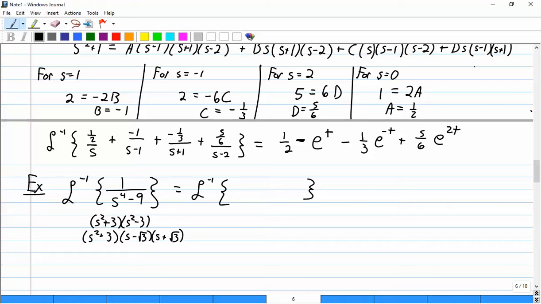I'm curious to see if the book would even do that, because the rule for partial fractions for quadratics is that it's an irreducible quadratic factor, and s squared minus 3 in my mind technically is not irreducible. It can be reduced to these two linear factors. Those are still linear factors.